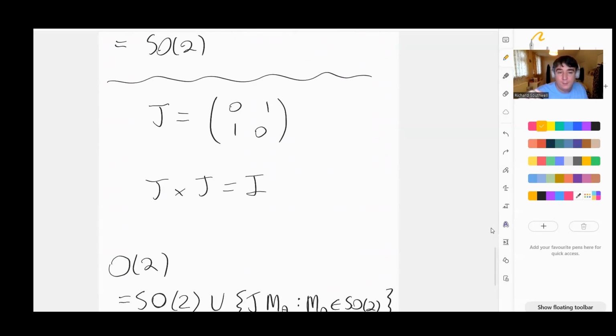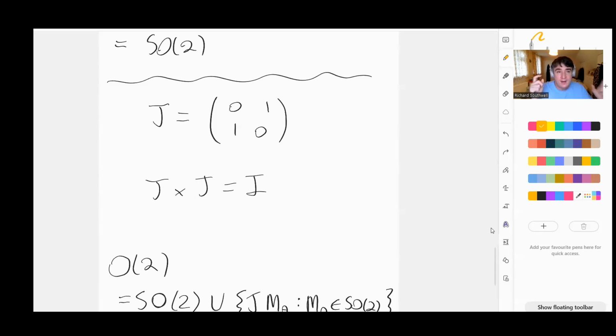Basically, a lot of it corresponds to thinking about this matrix here, which I'm going to call J. So J has the interesting property that if we multiply J by itself, we get the identity matrix. And basically, you can think of J geometrically as sort of switching around the roles of the X and the Y axis.